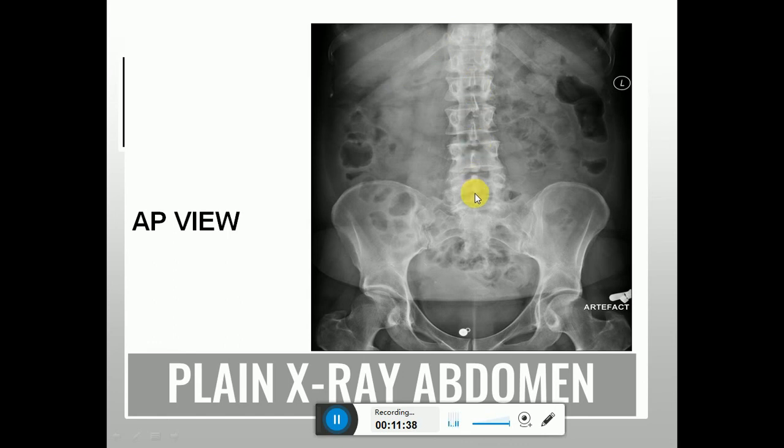This is the thoracolumbar region, thoracic vertebrae, where you can see the attachment of rib, and below that we have lumbar vertebrae, and below this the sacrum is there, and on both sides the hip bone is there. Okay, so all these structures can be seen in plain X-ray.